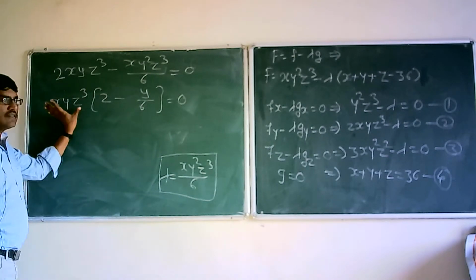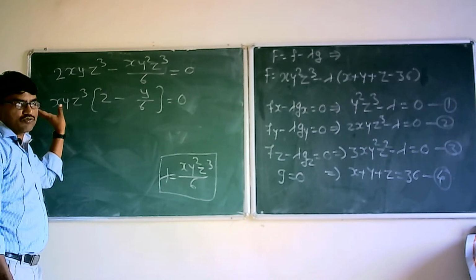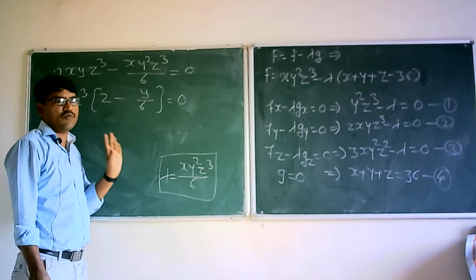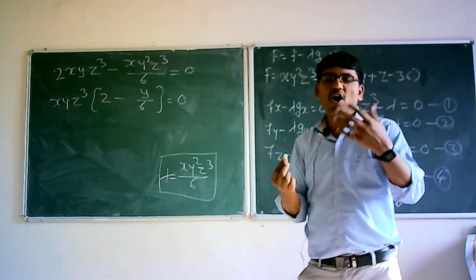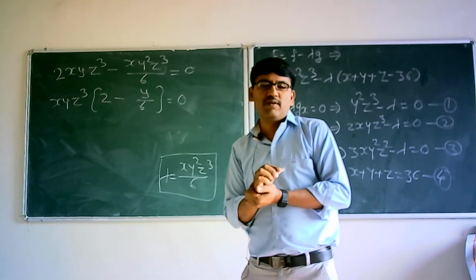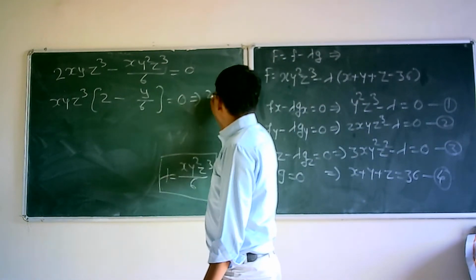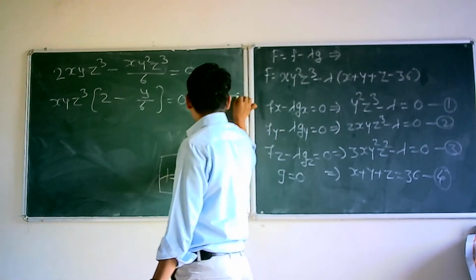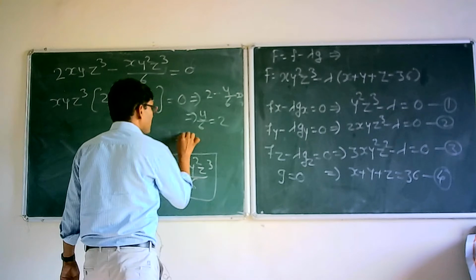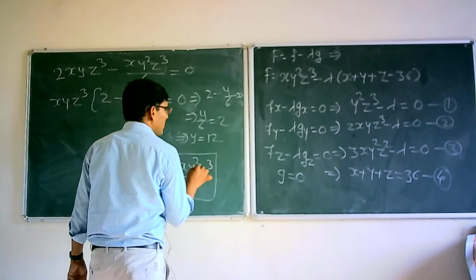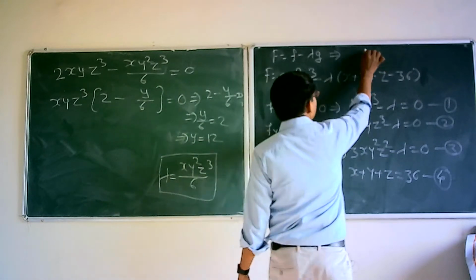But again, this term is not equal to 0. Already I have explained why this term is not equal to 0: if this term is 0, then x is 0, y is 0, z is 0, and it does not satisfy the equation x plus y plus z is equal to 36, or it does not obtain the maximum value of f of x, y, z. So this implies 2 minus y by 6 is equal to 0, so y by 6 is equal to 2, and y is equal to 12. So x is equal to 6, y is equal to 12.